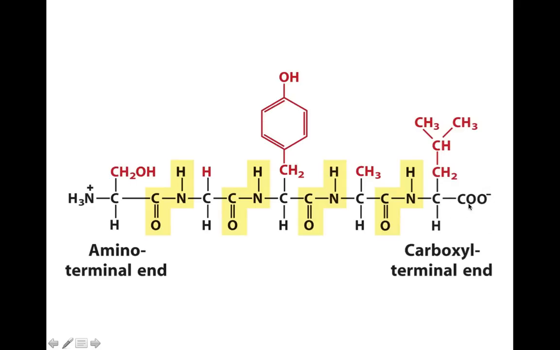We call this the carboxyl terminal end, or the C terminal end, and we call this end the N terminal end, because the amino group is free. We call the other the C terminal end because the carboxylic group is free. Remember, we always go from the amino end to the C terminal end.